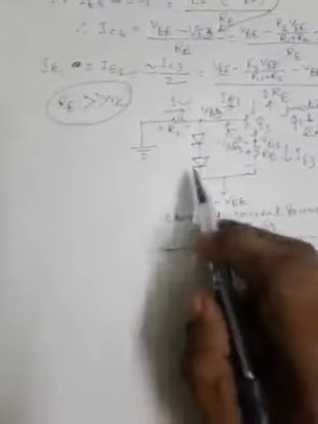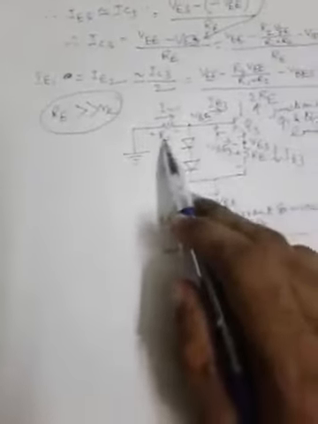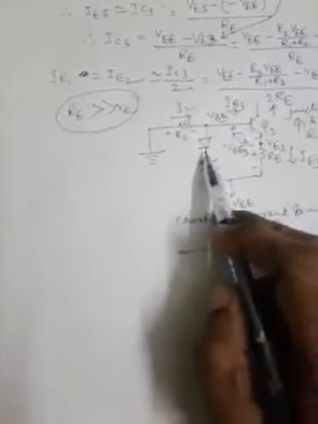The base of Q3 is biased with a voltage divider containing R2, but R1 is not there. Instead of R1, two diodes D1 and D2 are used. So for DC biasing, D1, D2, R2 and minus VE will be used to fix the Q point of this transistor Q3.